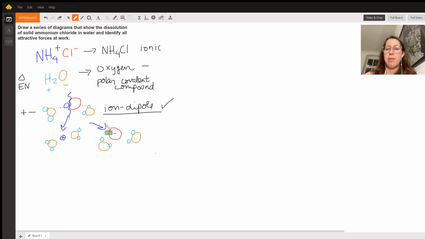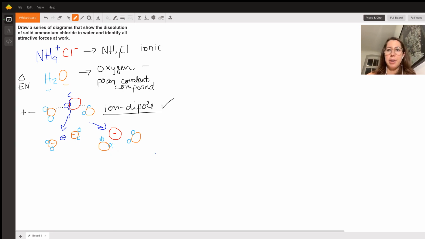So that's what we have at the very bottom here: the positive ammonium ion surrounded by water molecules, but it's the oxygen end that's facing in, because oxygen is slightly negative, which is going to be attracted to the positive ion. And then we have the chloride ion, which is a negative ion, an anion, and it's going to be attracted to the hydrogen part of the water molecules, because hydrogen, that end of it, is going to be slightly positive.